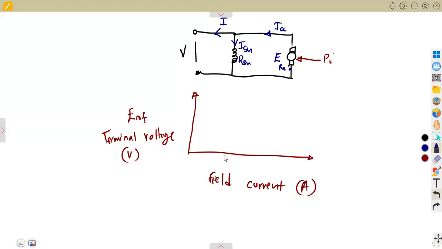As the current is increasing, the terminal voltage is also increasing, until a condition where you see the voltage is no longer increasing much; there's only a slight increase. It rises to a certain value where the EMF starts to fall.